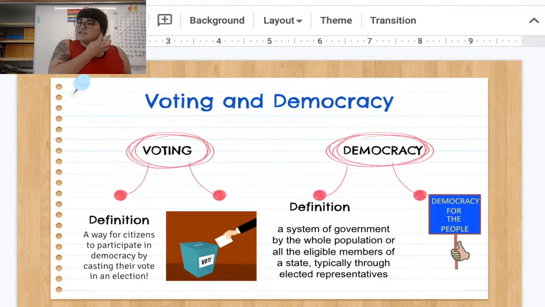As you see below, we've defined democracy as, and read it out loud with me, a system of government by the whole population or all the eligible members of a state, eligible members meaning citizens, typically through elected representatives.